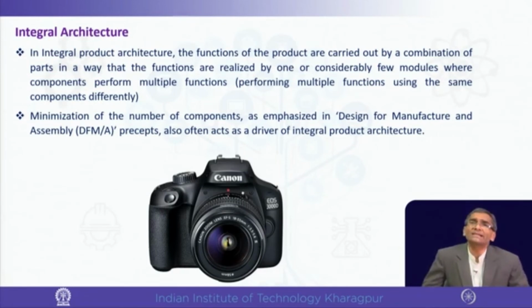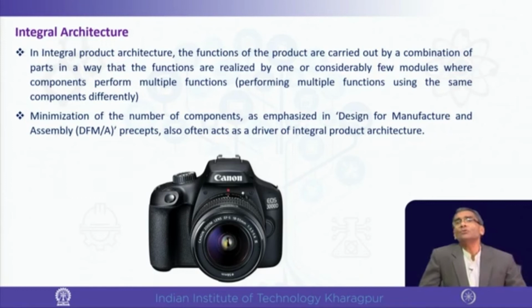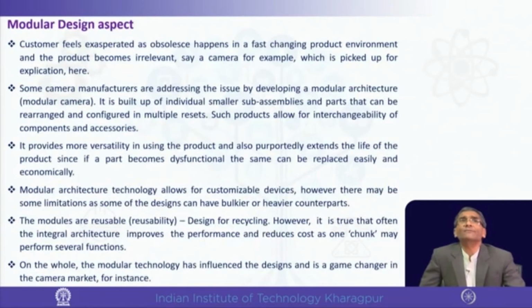So, it is rather more compact, and the number of modules is either one or very few, and it actually minimizes the number of parts and also the cost due to that, but it loses out on certain flexibility, the advantage of the modular design that we will discuss just now. But both have some advantages here or there. So, these are some advantages on the performance and cost, but in modular design the flexibility is there.